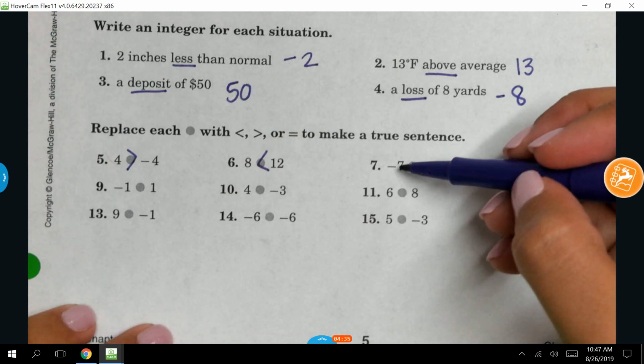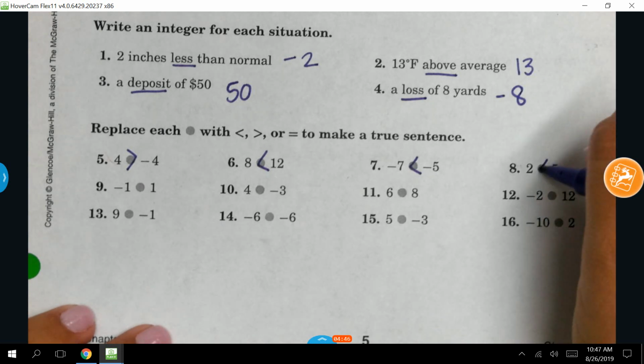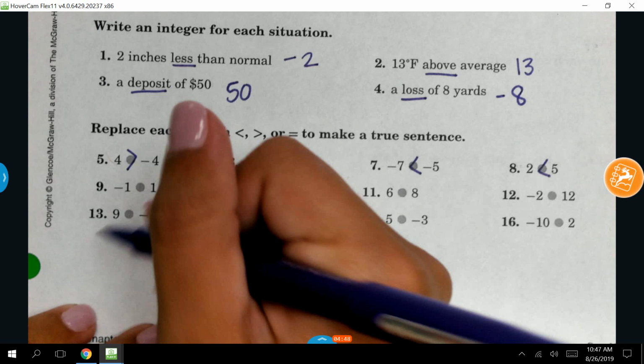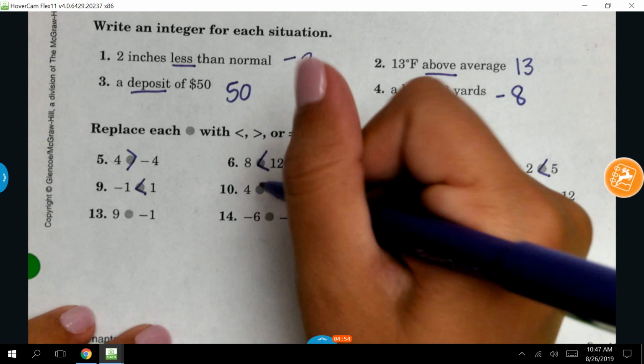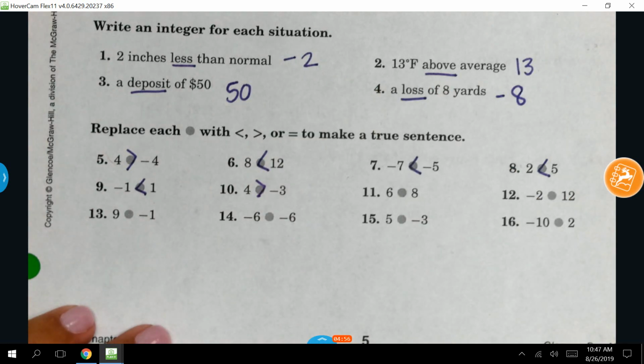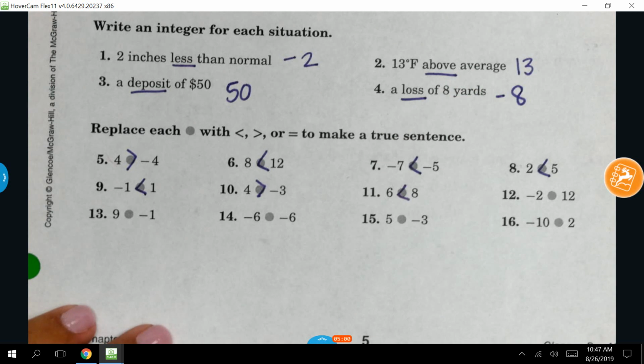Number 7, -7 is less than -5. 2 and 5, less than. -1 and +1, less than. 4 and -3, greater than. 6 and 8, less than.